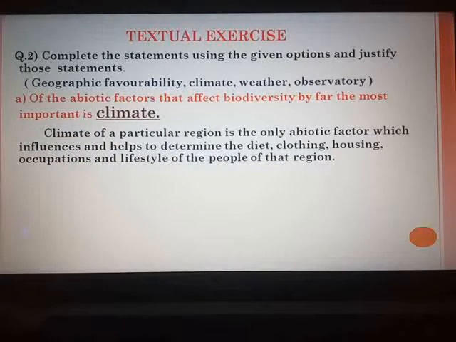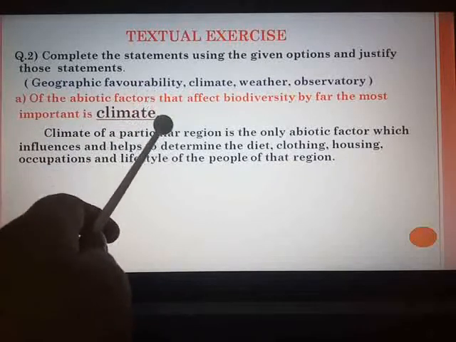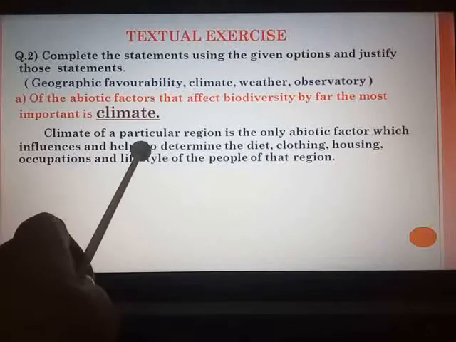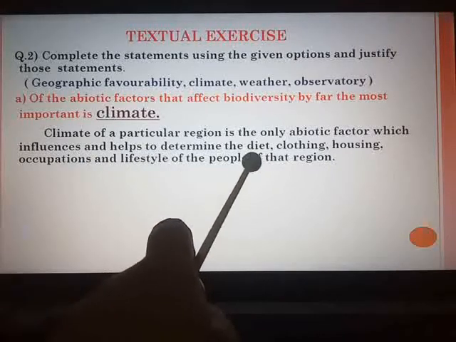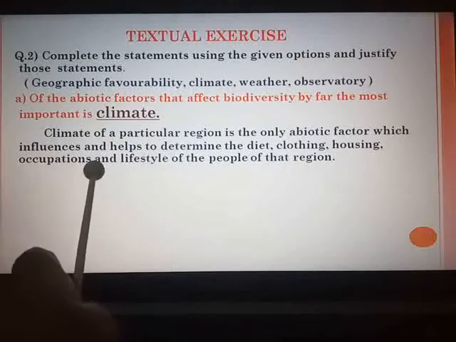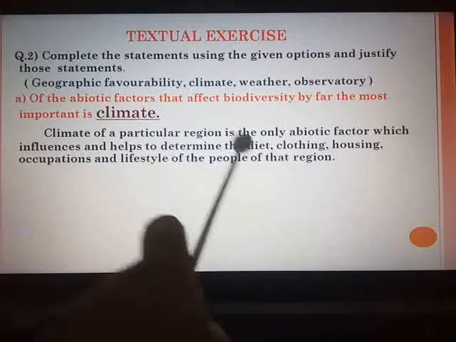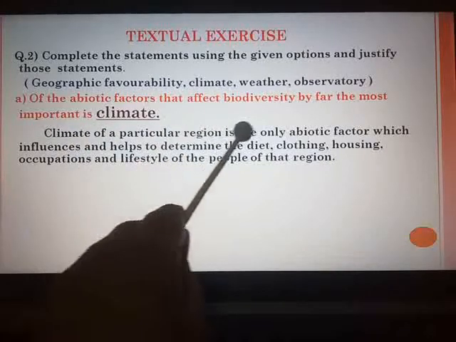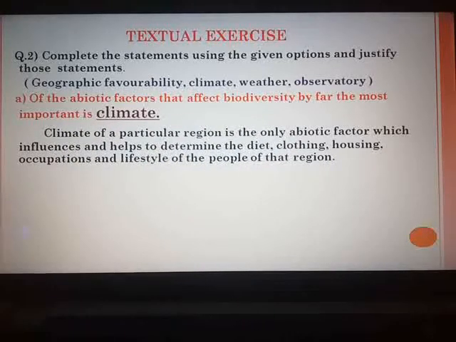I hope all of you have got the explanation. On page number 97, in the center of the page, the blue colored block, second point over there: climate of a particular region is the only abiotic factor which influences and helps to determine the diet, clothing, housing, occupations and lifestyle of the people of that region. So you have to make a little bit of change.